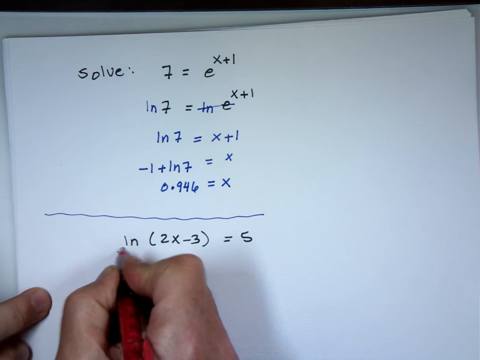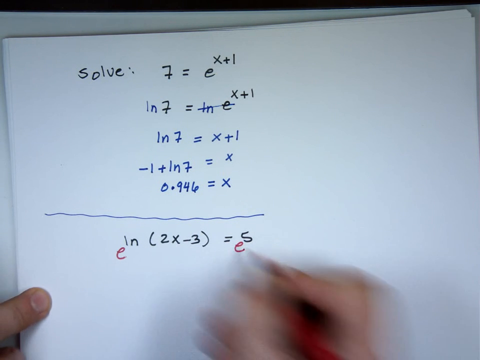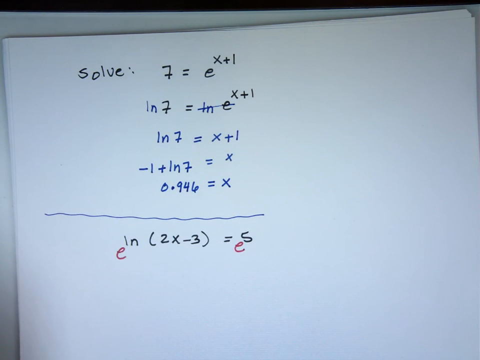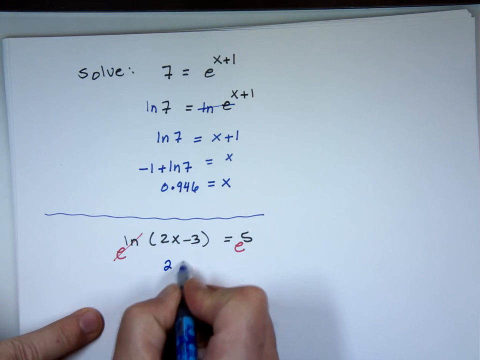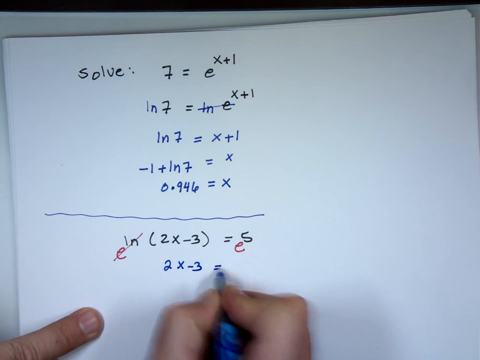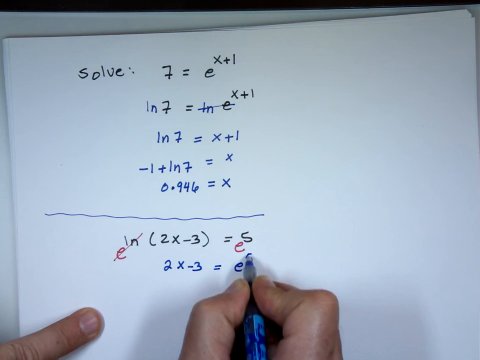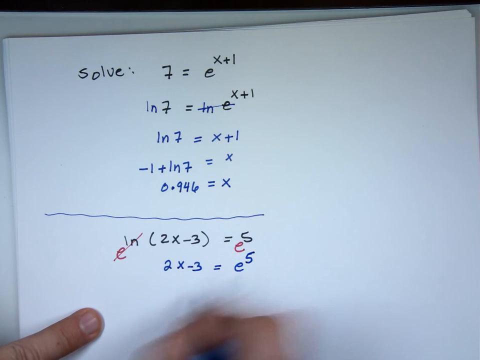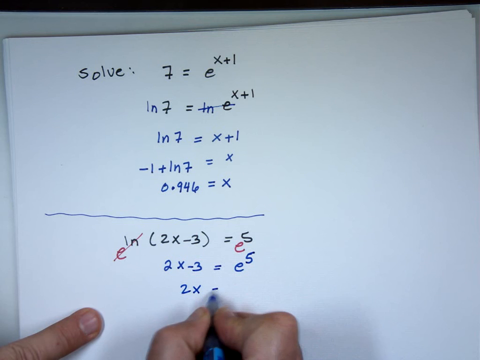Remember, they are the inverse of each other. e and the natural log cancel. You end up with what? 2x minus 3 equals e to the 5. Take the minus 3 there. 2x equals 3 plus e to the 5.